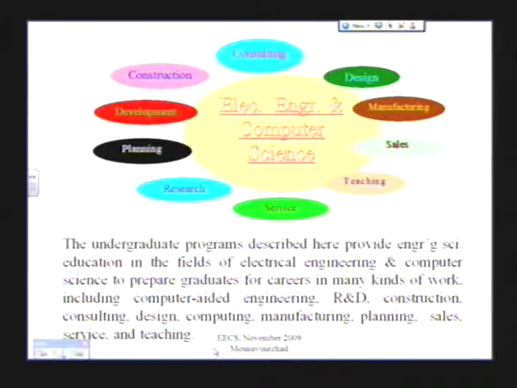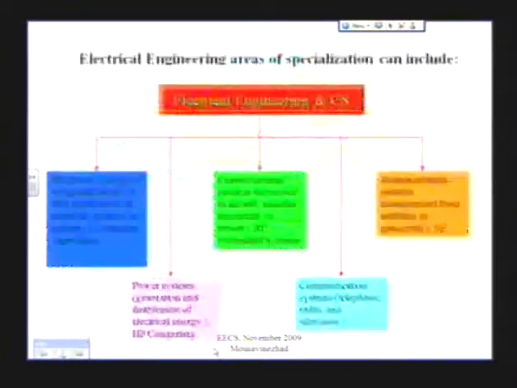For example, design and manufacturing involve more than just electrical engineers. In engineering, a lot of work is done by teamwork. You may have a mechanical engineer, nuclear engineer, and electrical engineer in one team, as you will see in your senior design project, which is a course you will take during the last year.